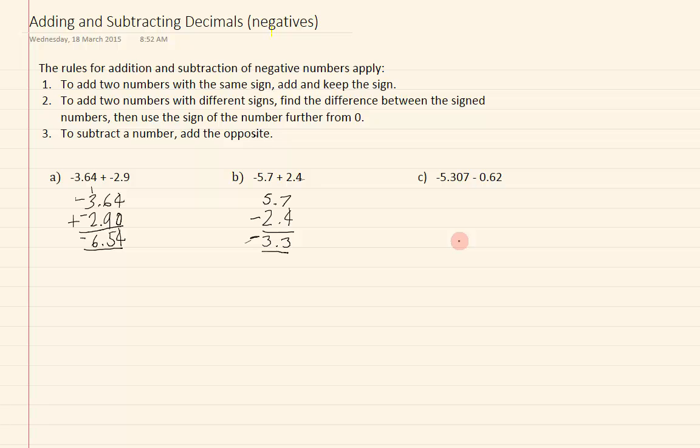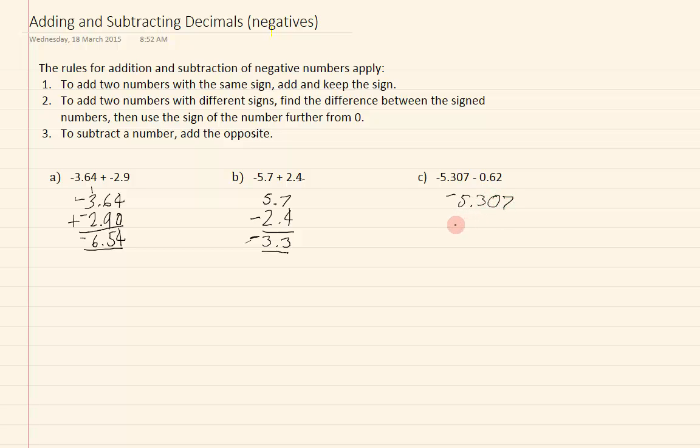To subtract a number, add the opposite. Now this one may look a bit weird when I'm doing it. It's quite simple though. It may just look a bit funny. So just watch carefully. Okay, so to subtract a number, add the opposite. So we've got negative 5.307.